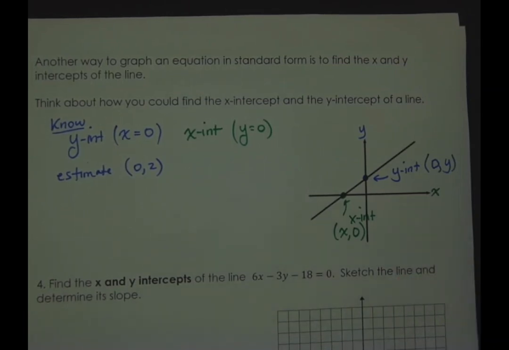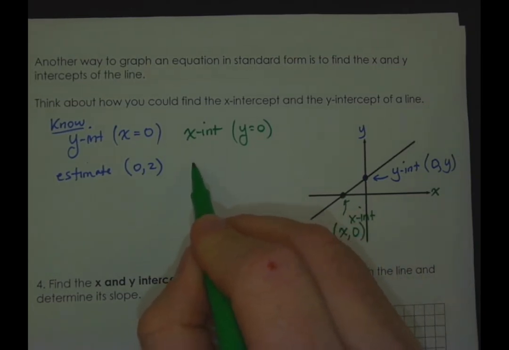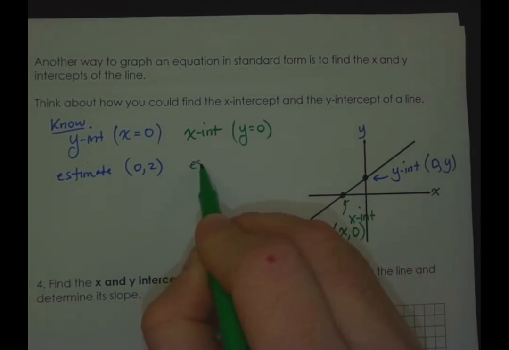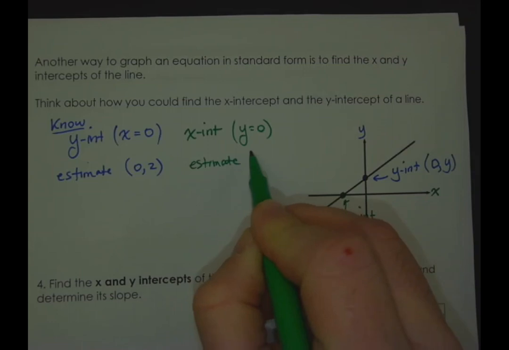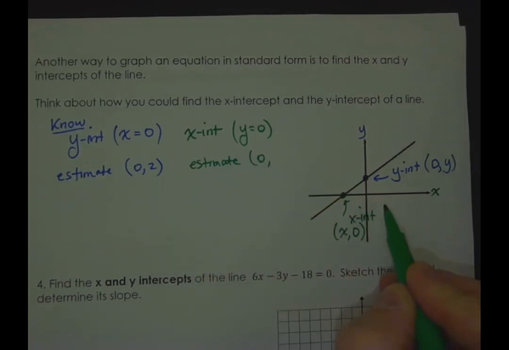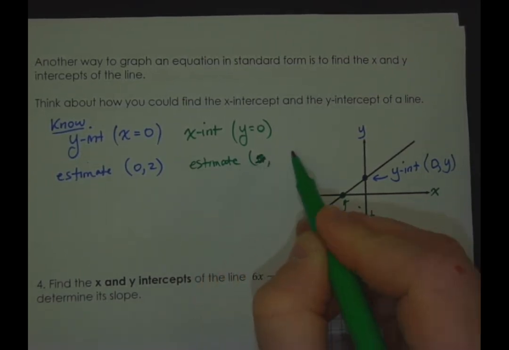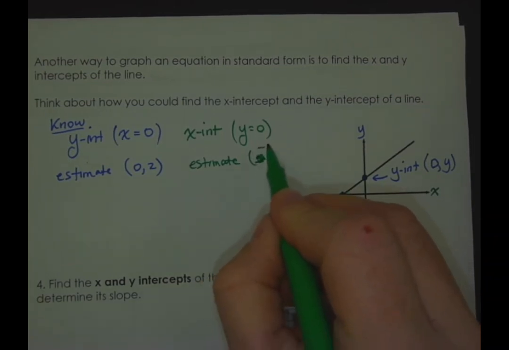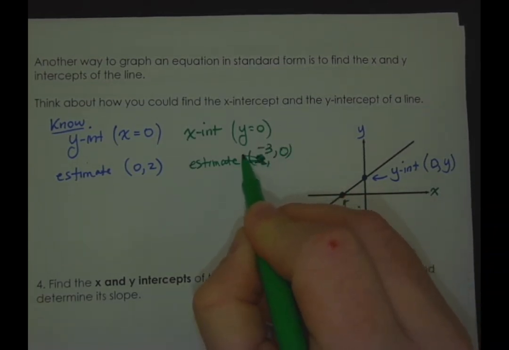That makes sense. And this point here, our estimate here for this, my fault, let's say it's at -3, comma 0.